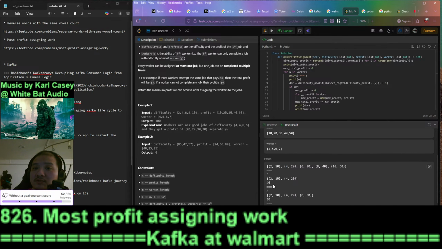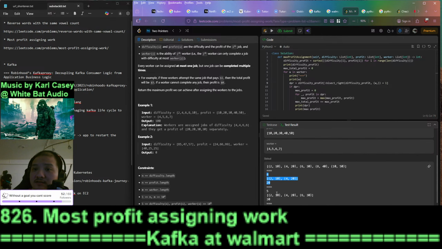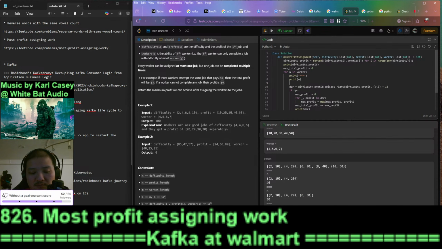So that's 20, good, and we want to find 5, and it's still finding this, right? So let me write most index. Let's do this.